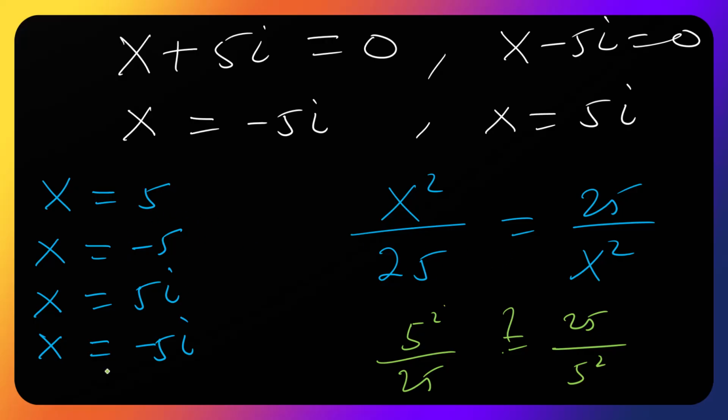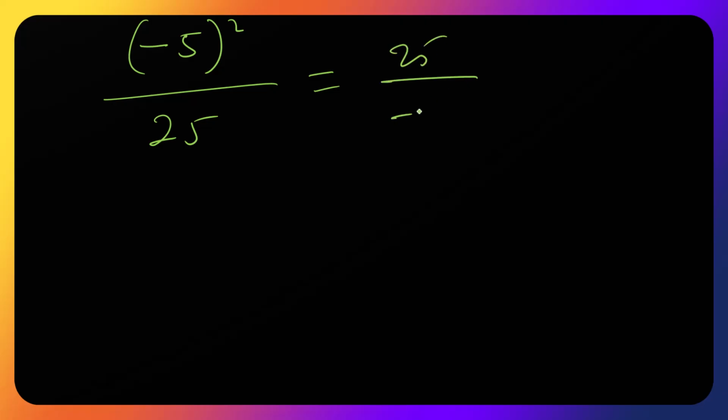Now let's look at negative 5. So that will be negative 5 all squared over 25 equals 25 over negative 5 squared.